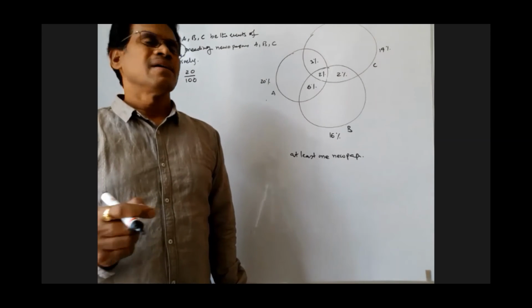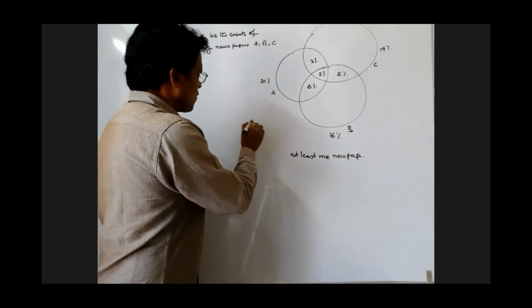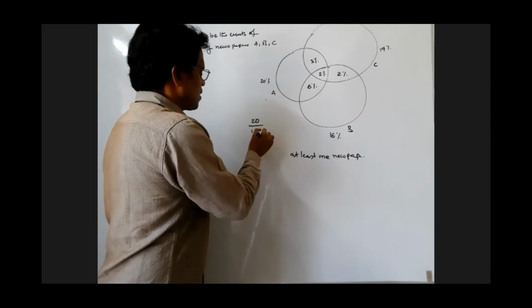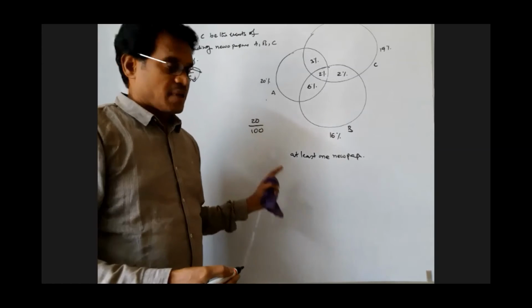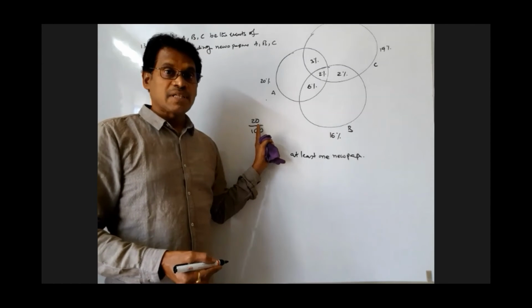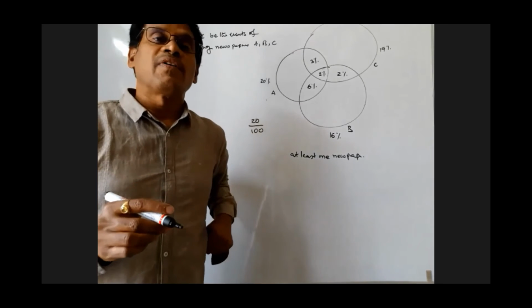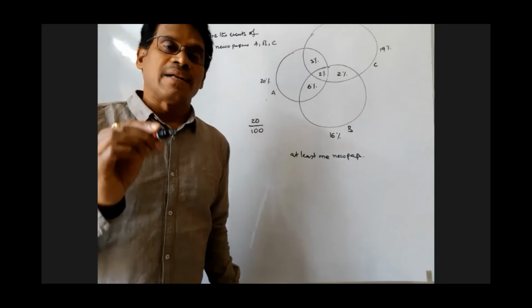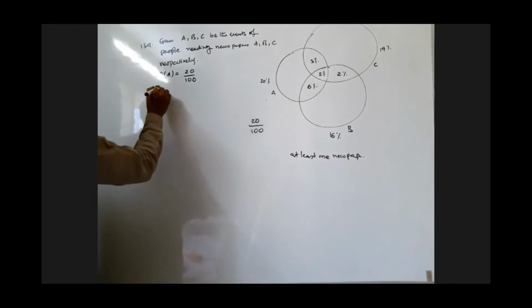You know the meaning: 20% out of 100 people, 20 people. That is probability only. Clearly understood, my dears? Probability of B.